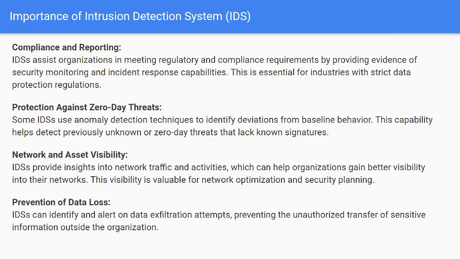So the next one is network and access visibility. IDS provides insight into network traffic and activity, which can help organizations gain better visibility into their network. The visibility is valuable for network optimization and security planning. So with IDS, you can have a view of your network traffic.